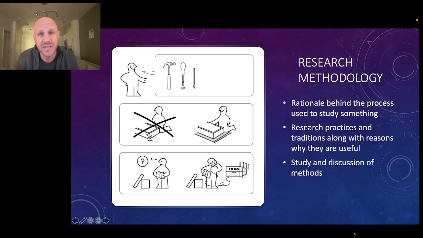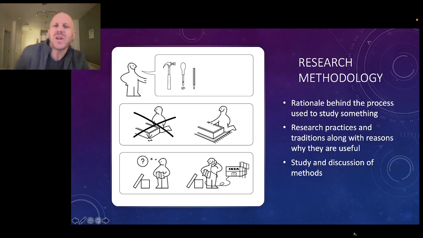Okay, it gets confusing. So I just want you to think of the method as what the researcher actually does for that particular study. And methodology is how researchers who have used similar methods have gone about it historically and why they've done it that way historically. So it's more of a discussion of the methods.